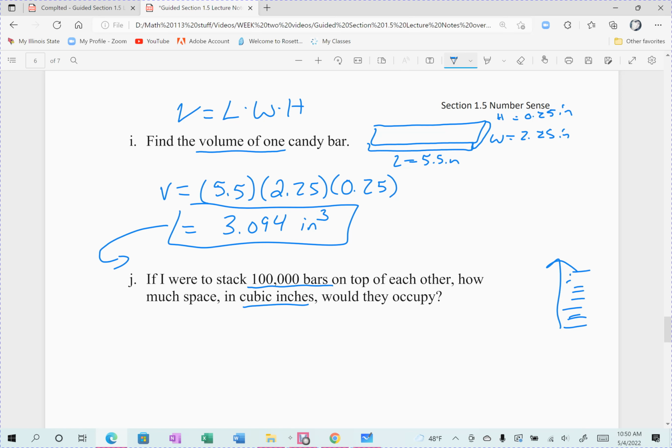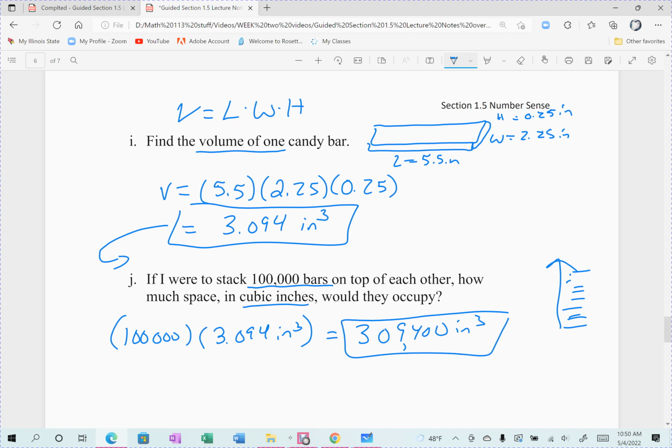Each one of them occupies 3.094 inches cubed of space. Multiply them out. Basically, you're just going to move your decimal over. So 309,400 inches cubed would be how much space they would occupy.